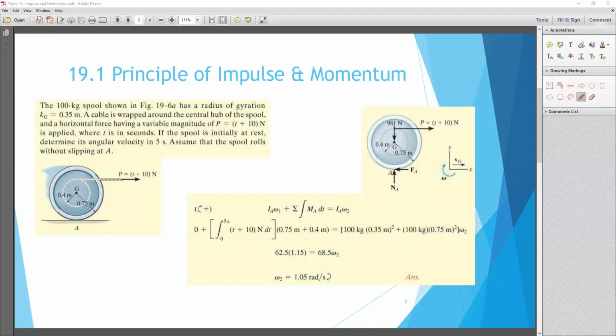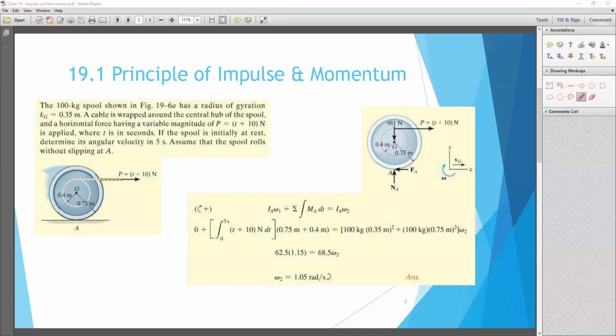And then on the top part here, we have the P, which acts at 0.4 meter from the centroid G. And we also have 981 Newton, which is due to the weight of this spool, 9.81 times 100.